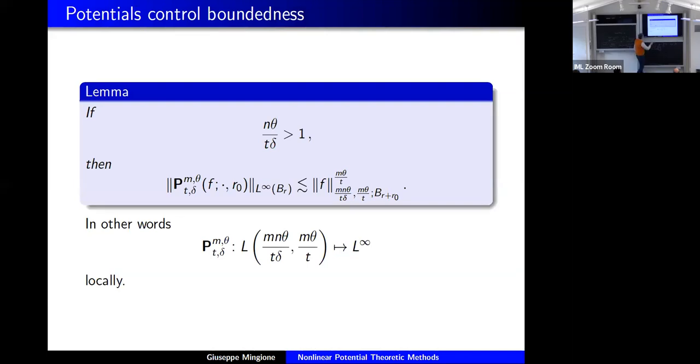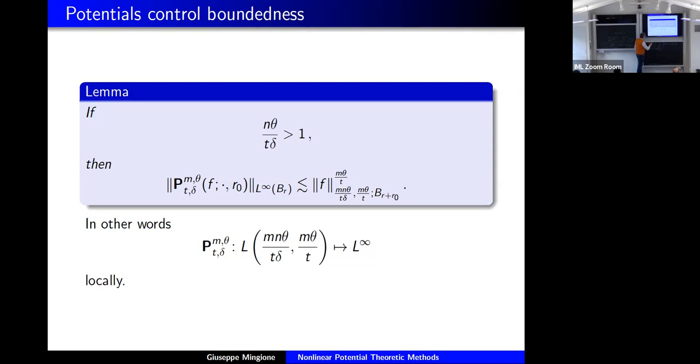One thing, mapping properties. When this is true, then this is true. So this object is bounded when the Lorentz norm is bounded for f. It's a computation. I mean, nothing very difficult. Trust me, and you need all the parameters if you want to have a general approach. Okay. This is in L infinity, and this is Lorentz.